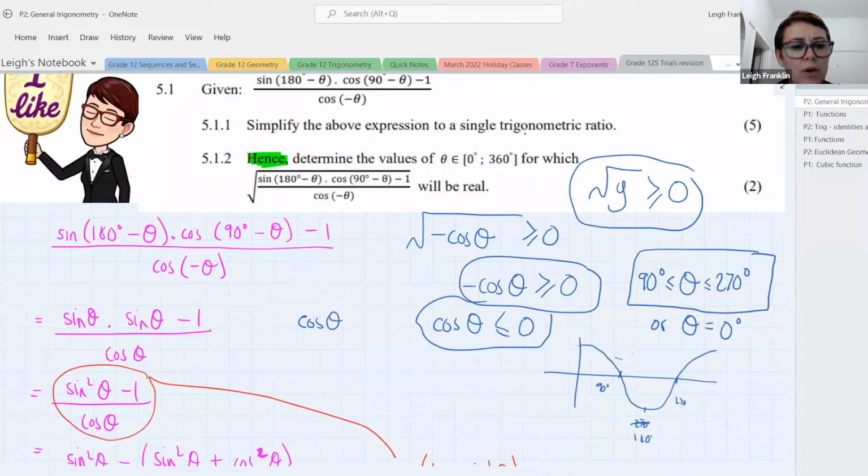So it would also be where cos theta is equal to 0. Yes, exactly, cos 90. So that's why we've included the 90 and included the 270, because it's equal to 0 at both of those points. Okay, now I'm satisfied that we've done that correctly.